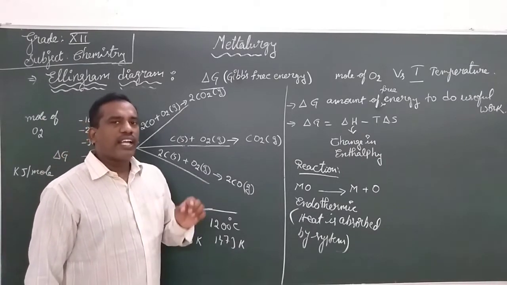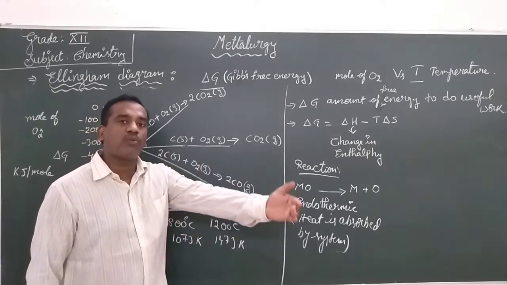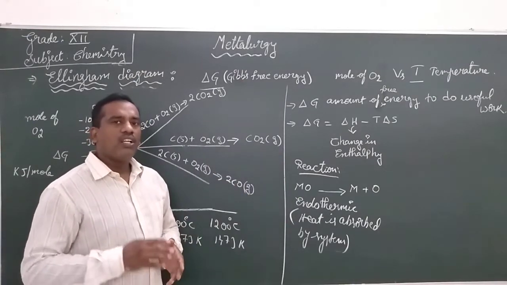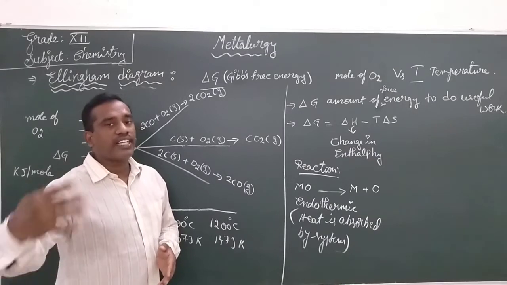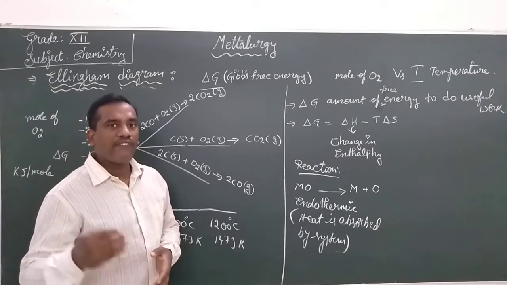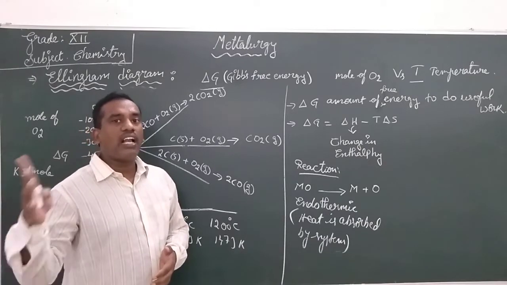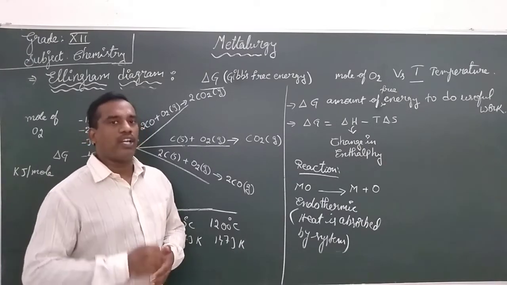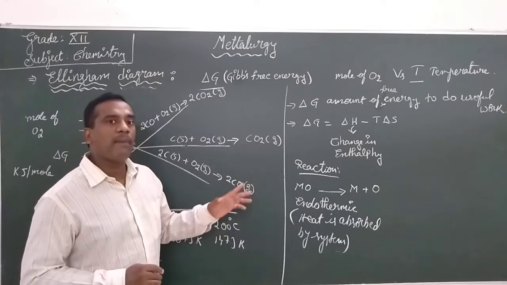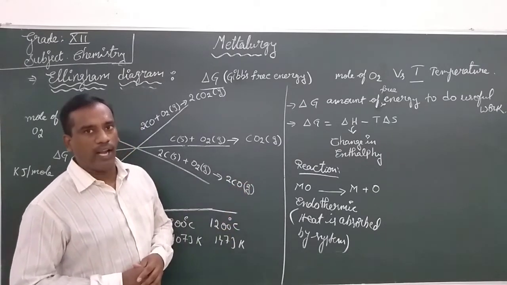What if heat is given by the system to the surroundings? We shall call them exothermic reactions, and for exothermic reactions, the change in enthalpy will be a negative value. In this example, it is showing a positive value.